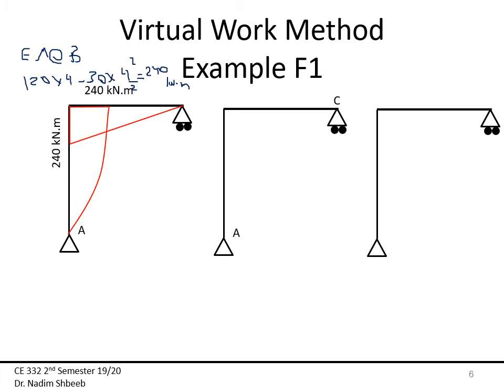If we go to the virtual one, number 1, then here I have 1 kilonewton times 4. So this is going to be, again, positive, so I'm going to have 4 inside, and this is going to be 4, and this is going straight to 0, this is going straight to 0. Again, I did that nicer. So these are the moment diagrams.